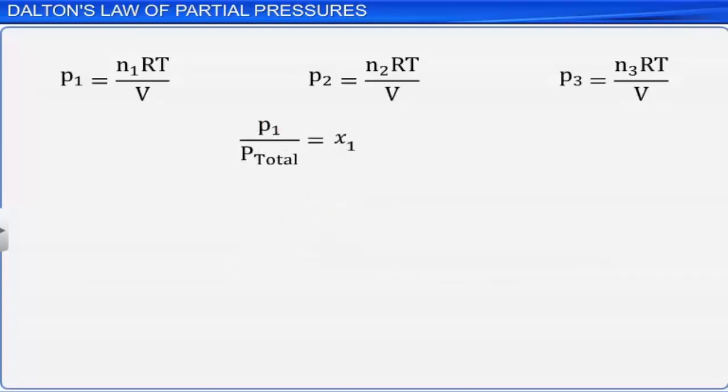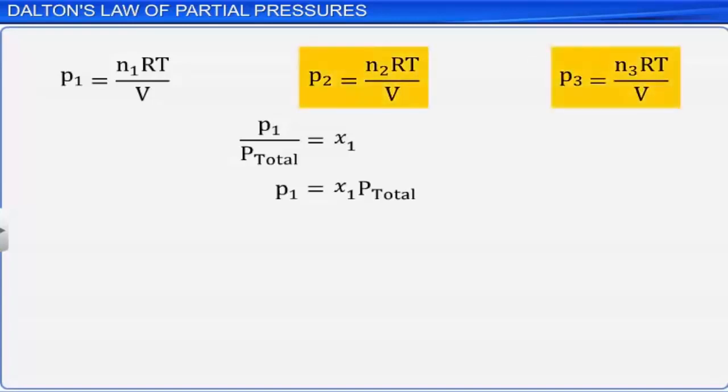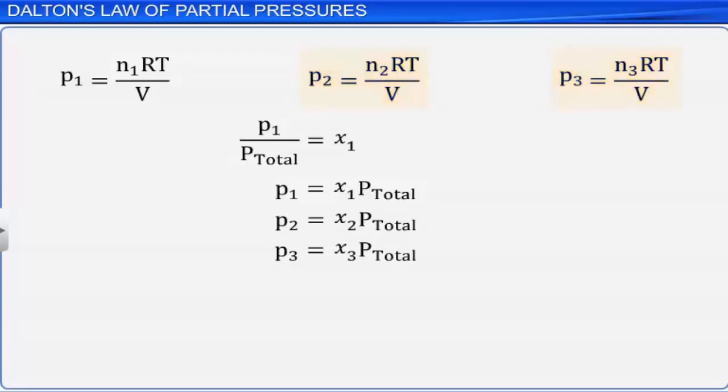Similarly, for other two gases, we can express partial pressures as P2 equals X2 multiplied by P total and P3 equals X3 multiplied by P total. Thus, a general equation can be expressed as Pi equals Xi multiplied by P total, where Pi and Xi are the partial pressure and mole fraction of ith gas respectively.